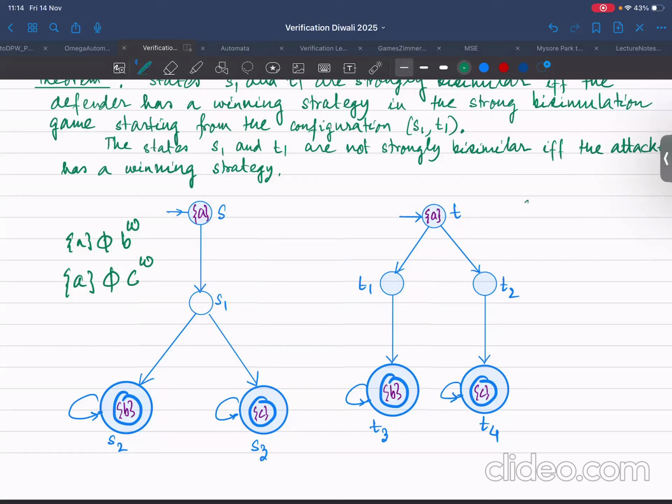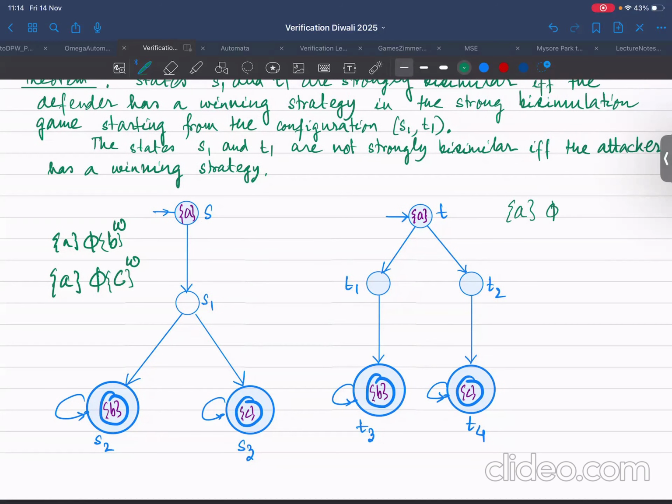And similarly here also you have the same: A, empty, B omega, A, empty, C omega. So both these Kripke structures have the same set of traces.